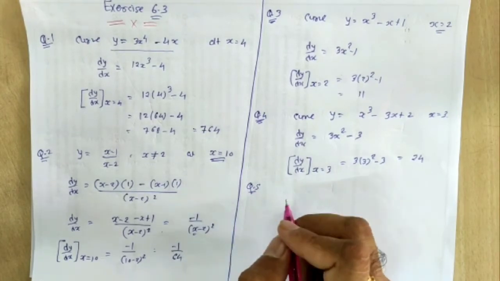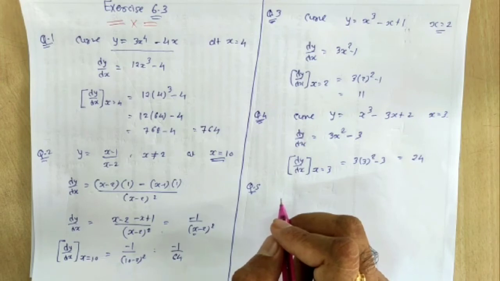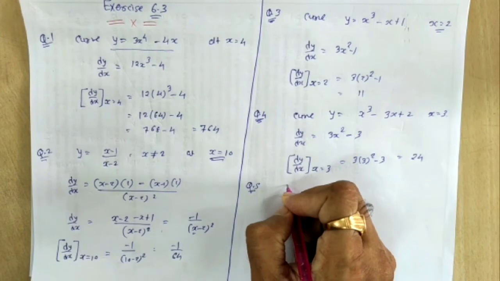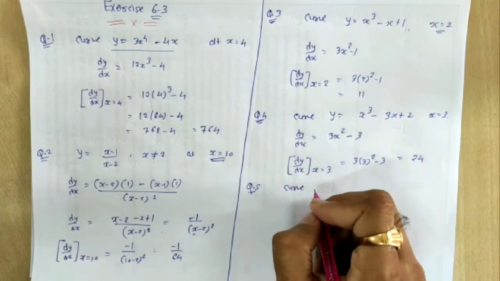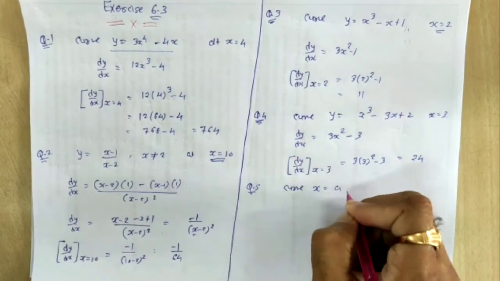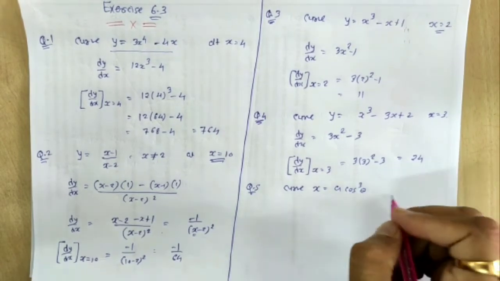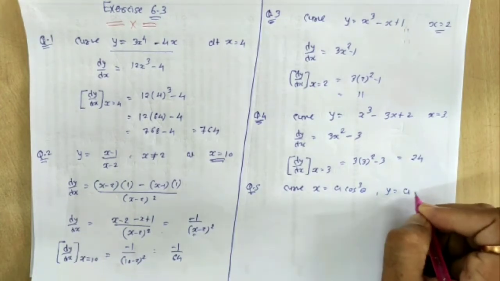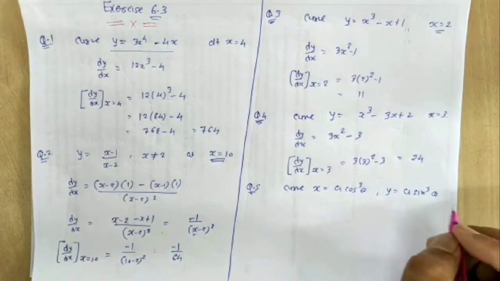Question number 5. Find the slope of tangent to a normal. Sorry. Find the slope of normal to a curve. The curve is x equal to a cos cube theta, and y is given in parametric form as a sin cube theta.